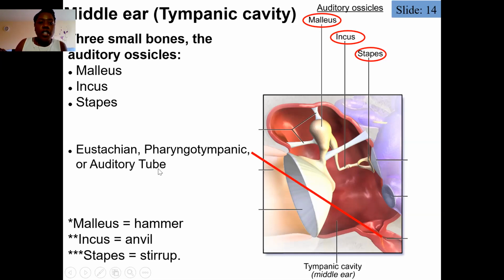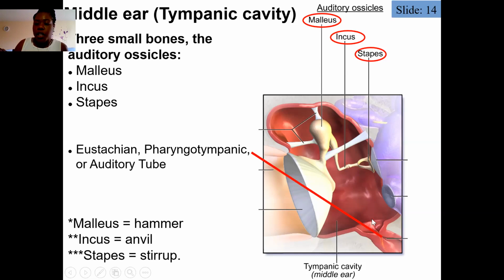The other important structure found in the middle ear, so this entire region is called the tympanic cavity, is the eustachian tube, also called the pharyngotympanic tube, also called the auditory tube. And this is the ear-throat connection. If you've ever had an ear infection, or a muffled sound, or if you've been on a long flight, as the flight begins to descend, you feel that blocked sensation in your ears.